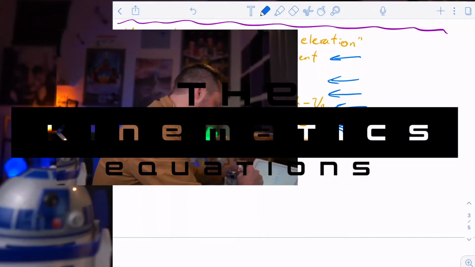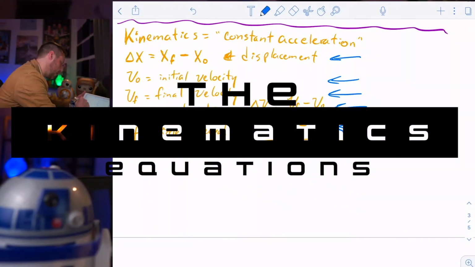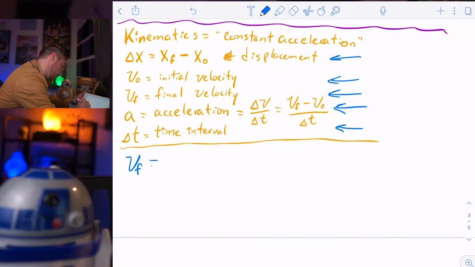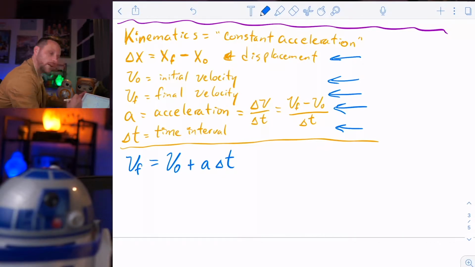The first kinematics equation we're going to collect is going to have final velocity, V sub F, equals initial velocity, V sub naught or V sub 0, plus acceleration times our change in time. And remember, I'm using a delta for the change in symbol. And the second kinematics equation is going to have a lot of 2's in it.